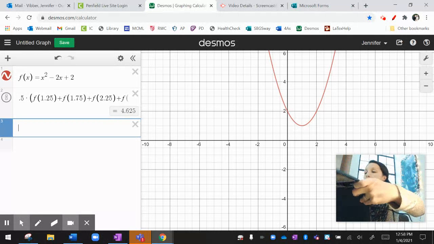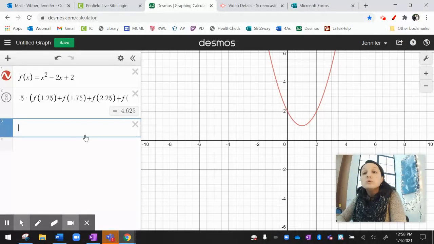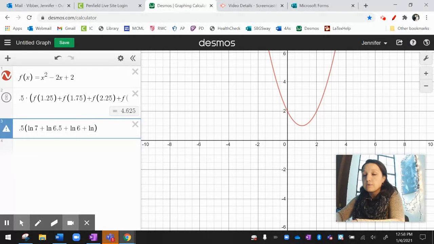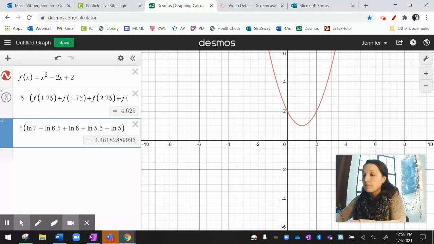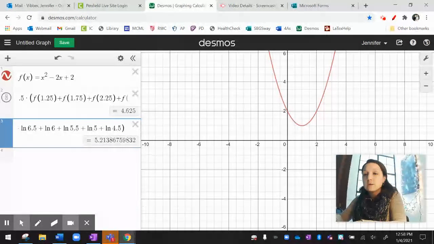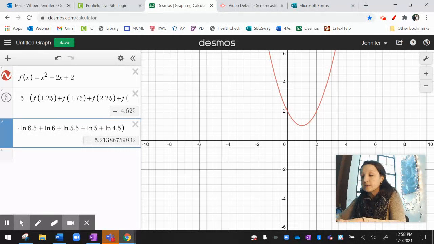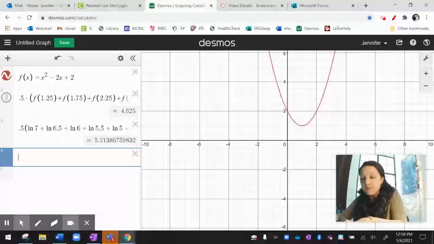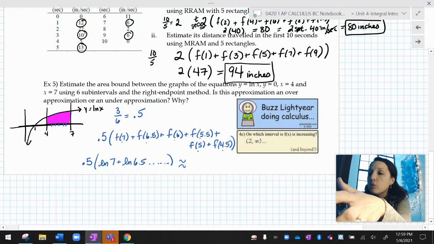So on here, I am going to do 0.5 times the ln of 7 plus the ln of 6.5 plus the ln of 6 plus the ln of 5.5 plus the ln of 5 plus the ln of 4.5. And I think that's everything. 1, 2, 3, 4, 5, 6. Yes. 5.2138. 3 decimal places. So I'm going to write 5.213 or 5.214. I decided 5.213.